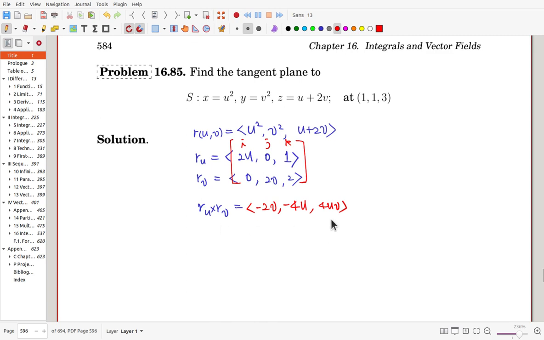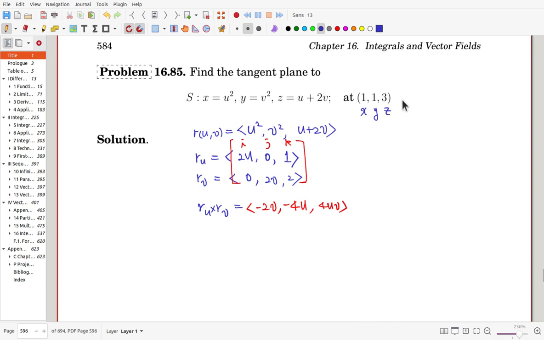Now we have to evaluate this normal vector. Then we can find the tangent plane. So we have to find u and v. This data is for x, y, z. That means x is 1, y is 1, z is 3.